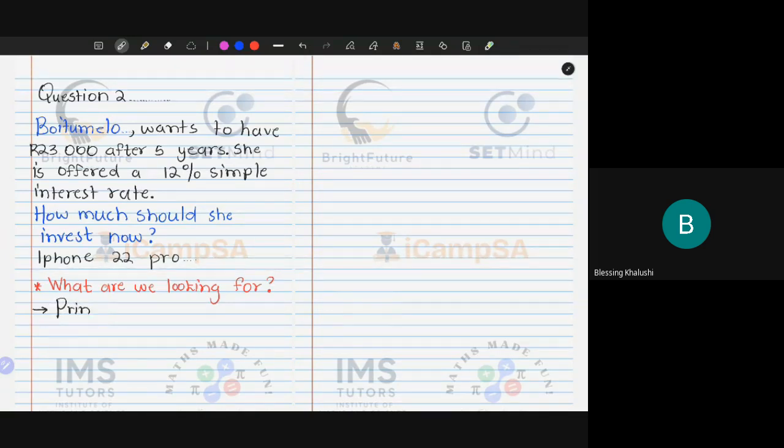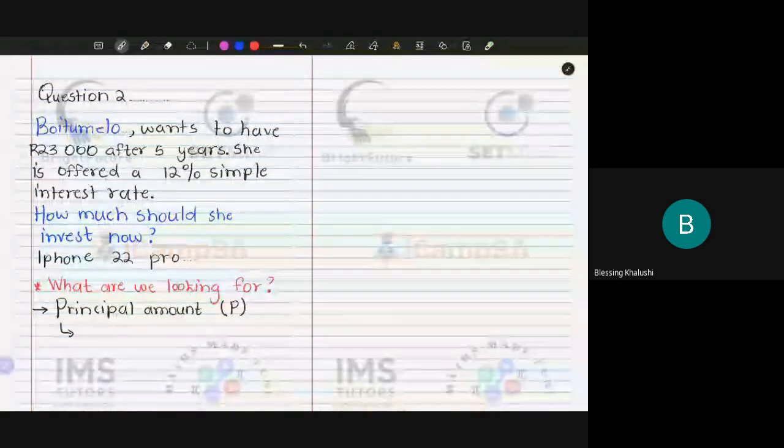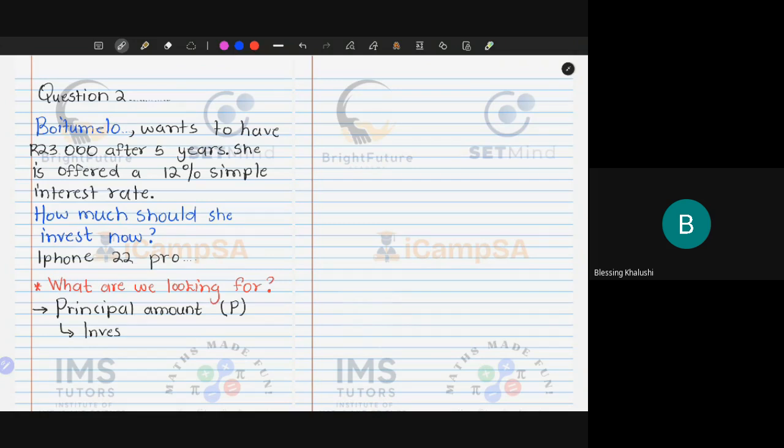What is the difference between the two? Okay, by principal amount, you mean P. And that is just the same as the invested amount.